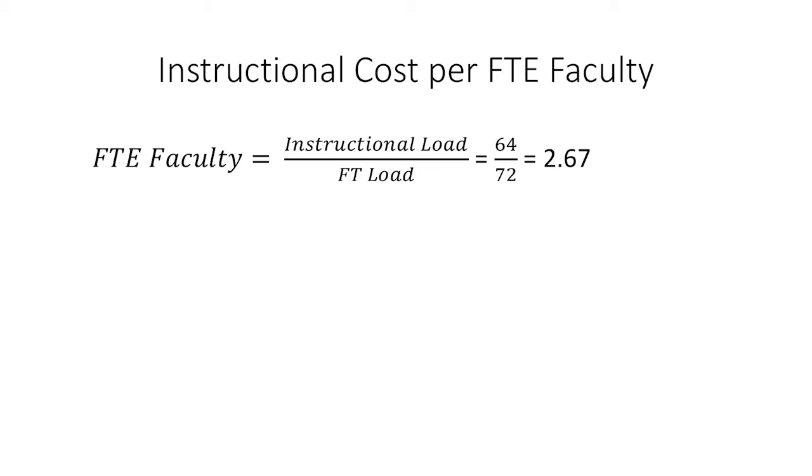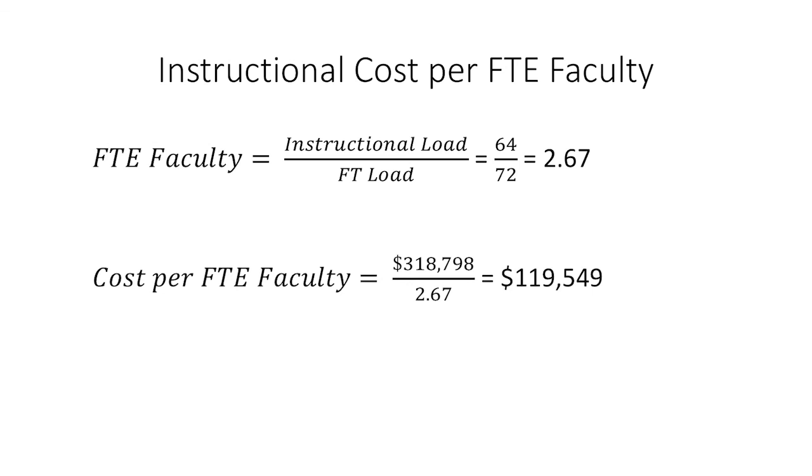And so there are 2.67 instructional faculty members in that department. 2.67 full-time equivalent instructional faculty members in that department. So even though there are 3 heads in that department, the instructional FTEs is less than 3. It's 2 2/3, 2.67.